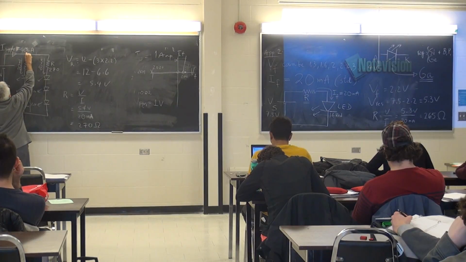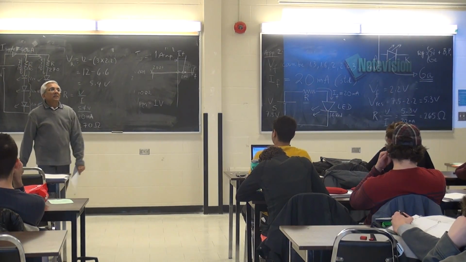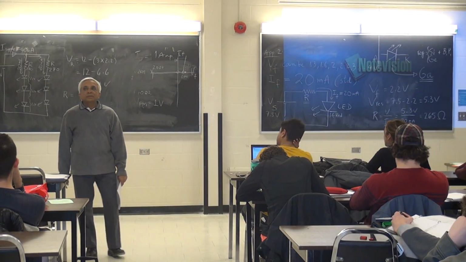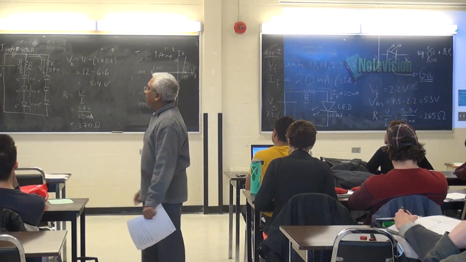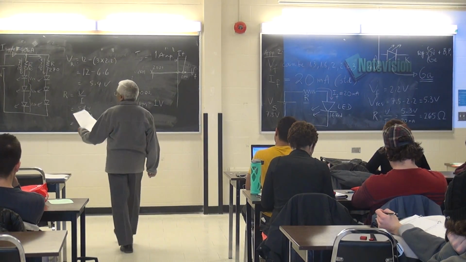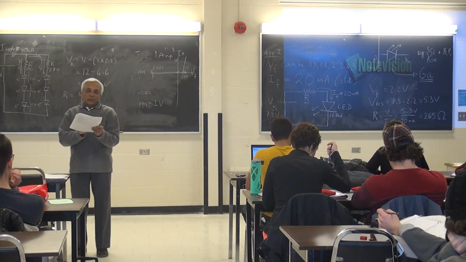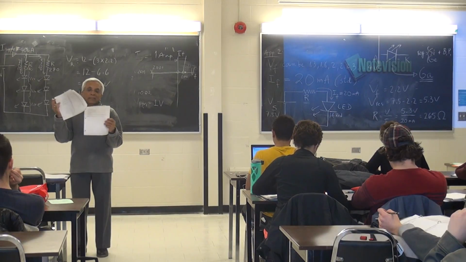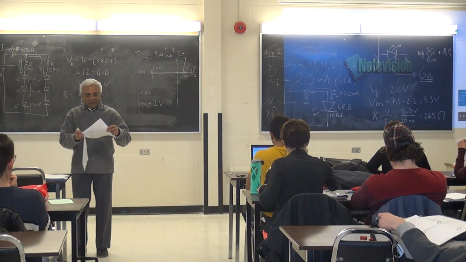It's going to split up into one current here and the other current there. Okay, so you can do number 2 and you can do number 4 for exercise. It's very similar to number 1 and number 3.